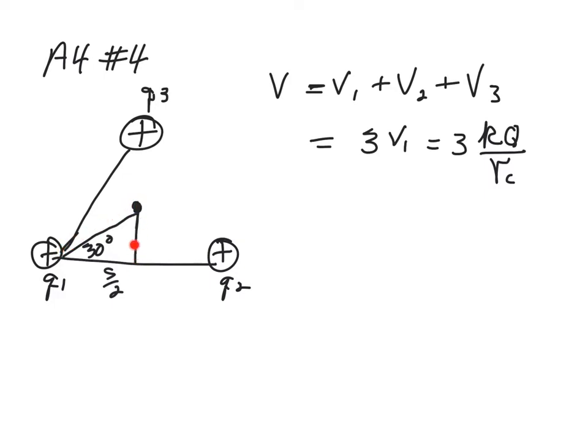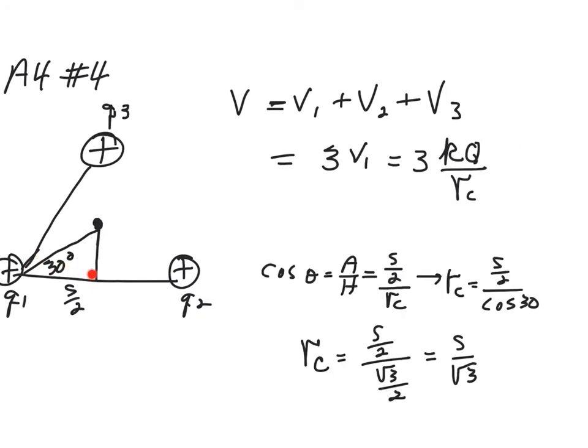I'm sure there are other ways, but this is, I think, a pretty good way of doing it. And so this is the distance we want. Drop a perpendicular. By symmetry, that's going to pass through the side, so that this side is s over 2, and this angle is 30. And this is the hypotenuse, so you use trig to get that distance, and then finish the problem.